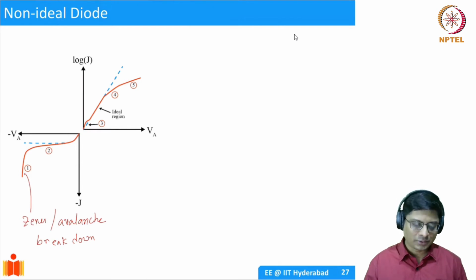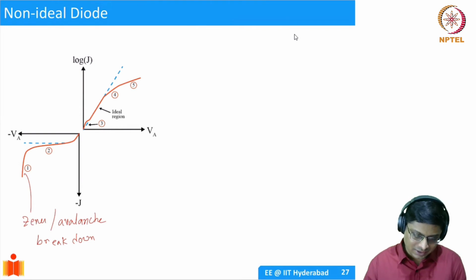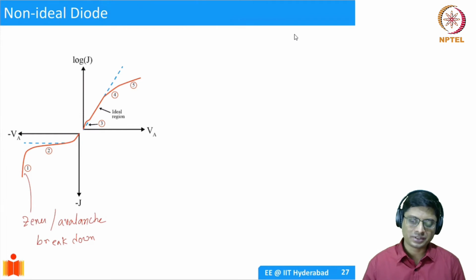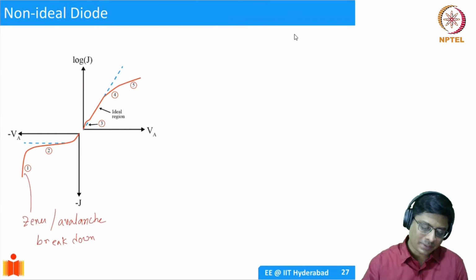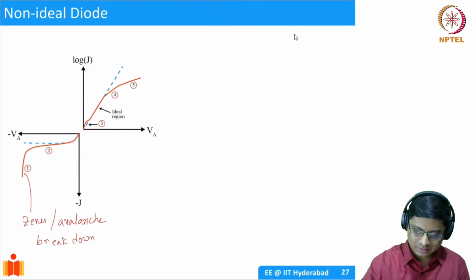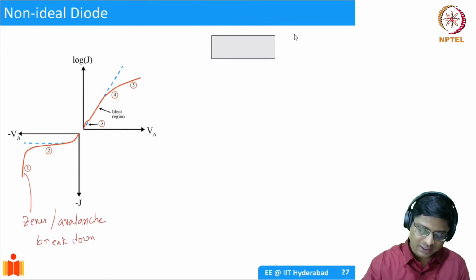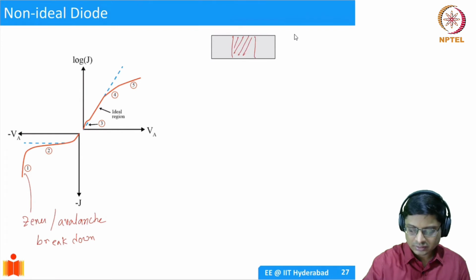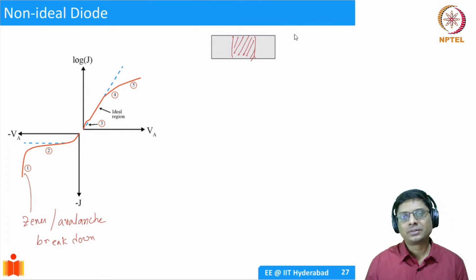The second type of non-linearity that I would like to discuss is the electron hole pair generation in the depletion region. So what happens? Let's say you have a PN junction this way, and I have a depletion region in between. I apply reverse bias, and then the depletion width increases.